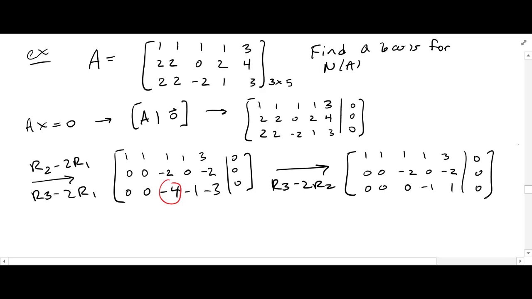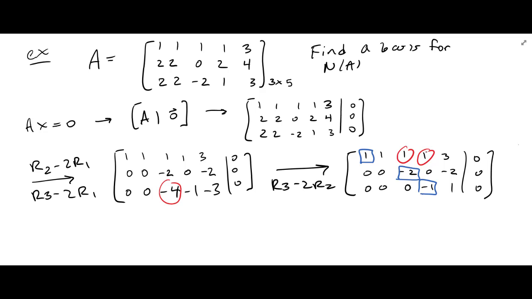Okay, so this is row echelon form. These are the pivots: that's a pivot, that's a pivot, and that's a pivot. It's the first non-zero entry in each row. But if you want reduced row echelon form, then you also want this one to be a 0 and this one to be a 0. You want zeros above and below all the pivots. So we'll go a little bit further.